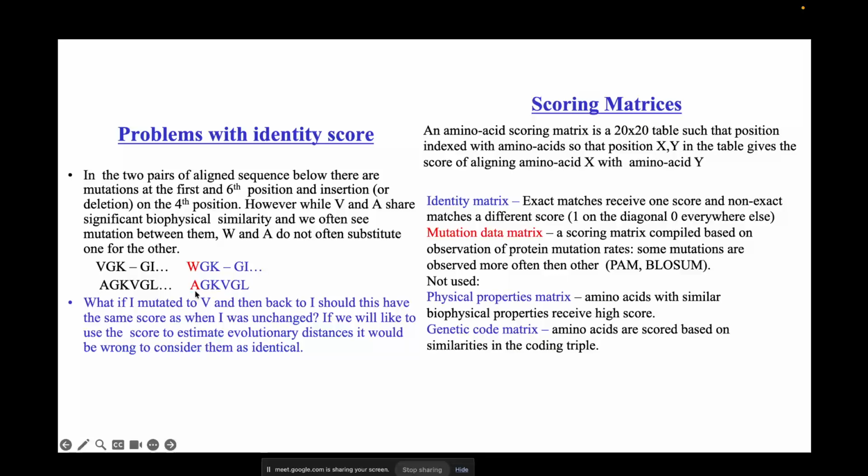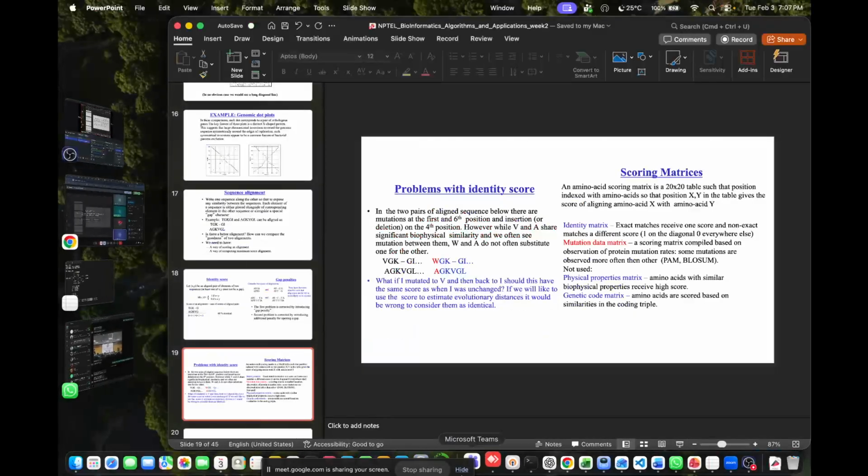Both of them are not the same thing, because V and A in a biological sense are not very dissimilar, while W and A in a biological sense are very dissimilar. So we need to have scoring systems for specific mutations. If you have a W versus A, you should have a different score. If you have a V versus A, you should have a different score, because biologically those two mean very different things.